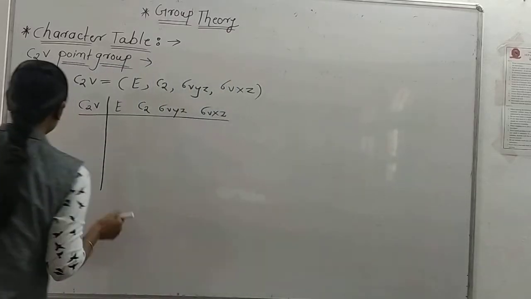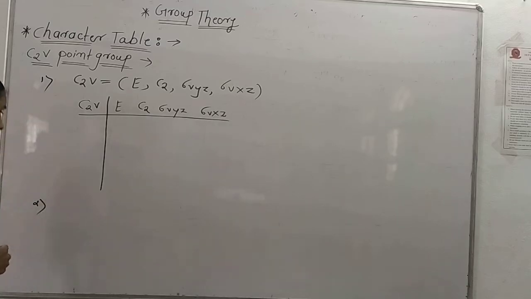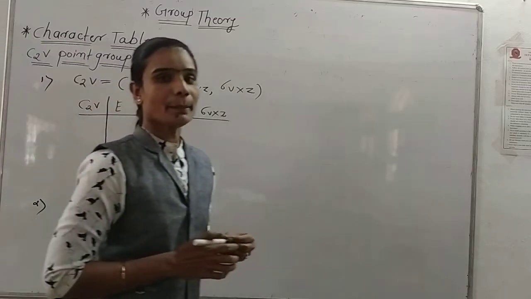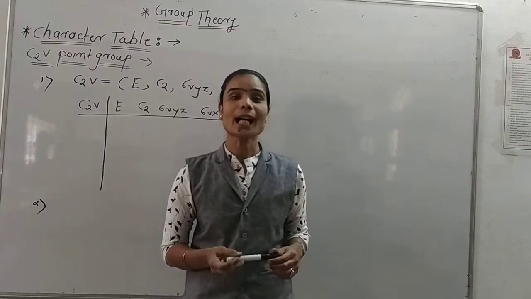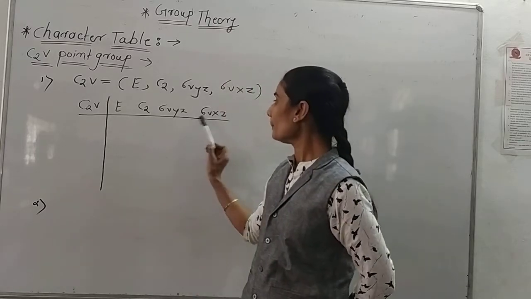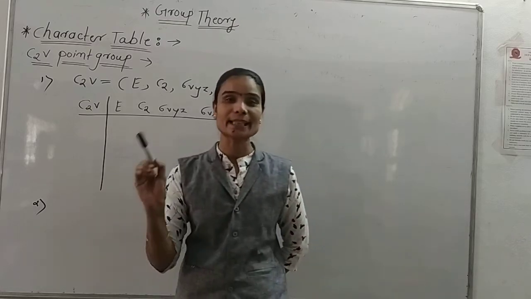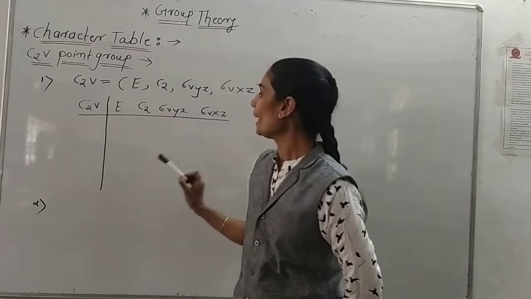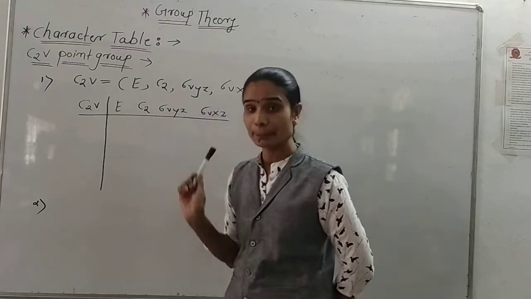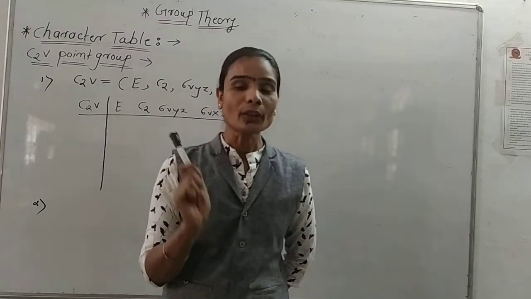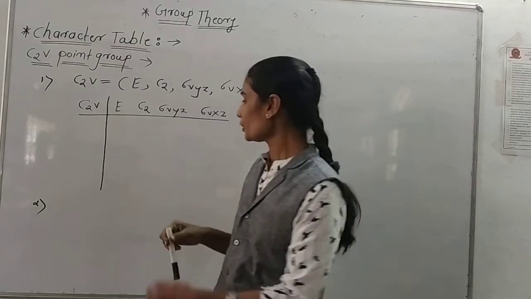Okay. Now according to the second rule, we take irreducible representations, and the irreducible representations are equal to the total number of symmetry elements present in the point group. For the C2V point group there are 4 symmetry elements present, so there are 4 irreducible representations.